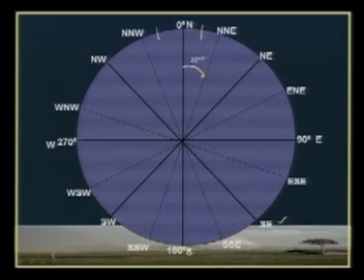So I have bisected the angle between north and north northeast, and I also bisected the angle between north and north northwest. If I measure this angle, how much would that be?